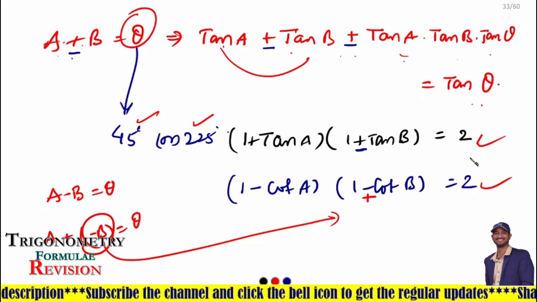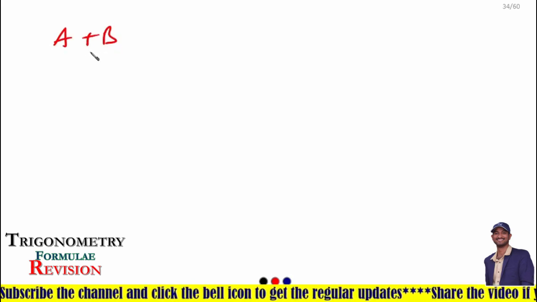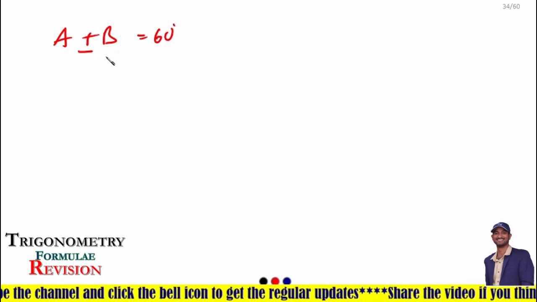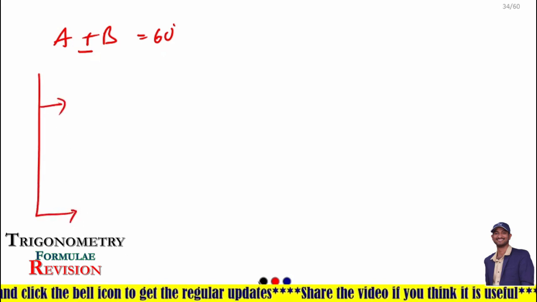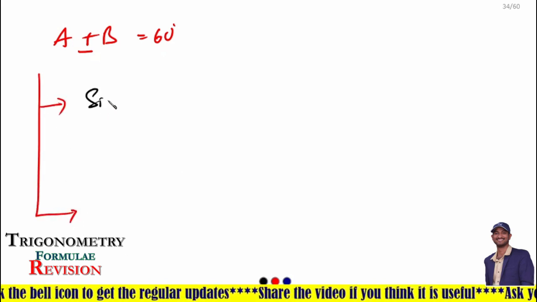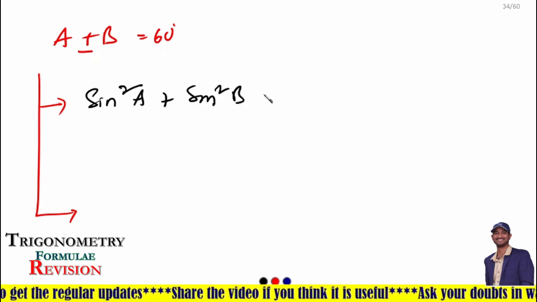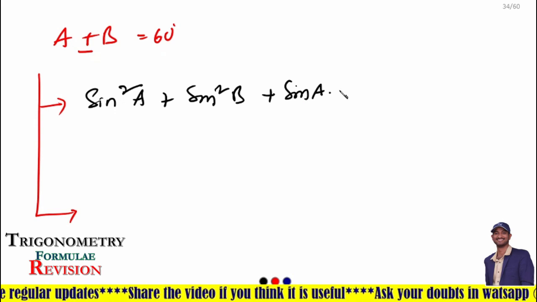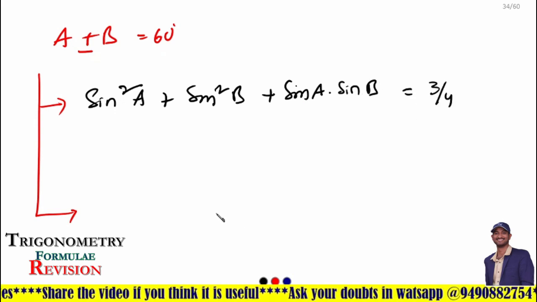Is it clear? Next, if the sum of the angles or the difference of the angles is 60 degrees, sum or difference, then we have two particular formulas in sine. What are those? Sine square A plus sine square B plus sine A sine B is always equal to 3 by 4.